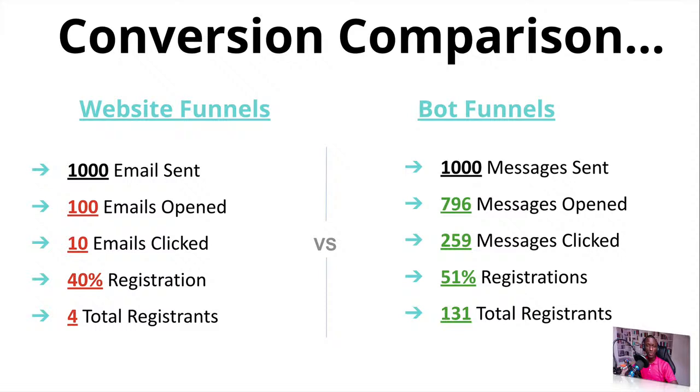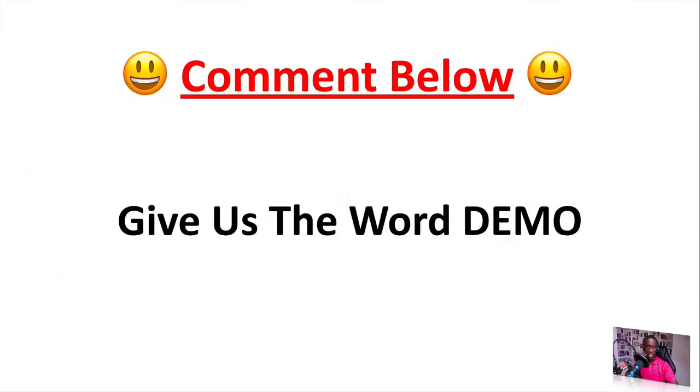On the side of the bot funnels, with the same 1,000 messages sent, 796 messages were opened, 259 messages were clicked, and 51% registrations, and 131 total registrants. And this is an example for a webinar. So for those of you who are running webinars, you know what I mean by these figures, and you know how important it is to have the click-through rates, the open rates, and the registration rates, and so on. I hope you have a good understanding of website funnels and bot funnels.